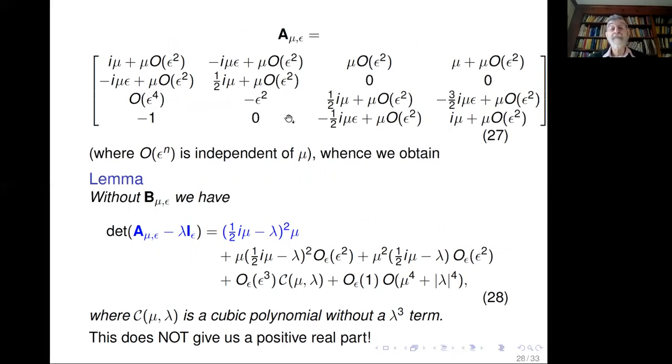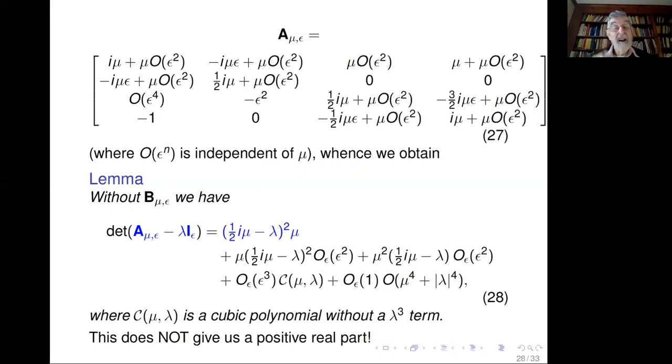It's a 4x4 matrix, and we have to make sure we write all the main terms and that the error terms are really error terms. That's the important thing. Using the parity, the even and odd behavior of various things, some of these are 0, which is very helpful.